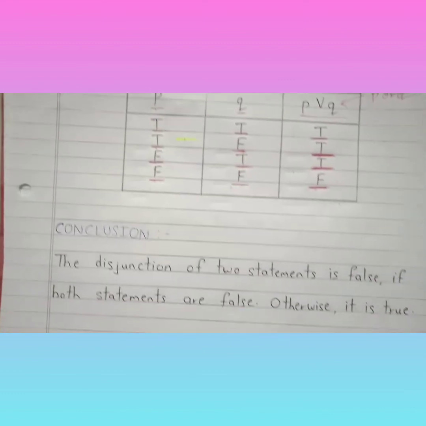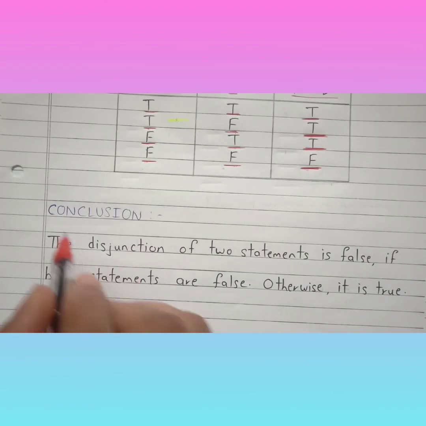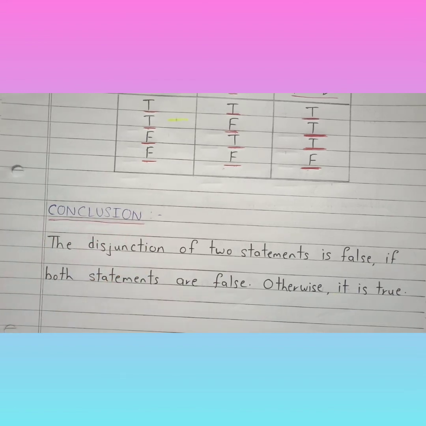Now what can we conclude from this? The disjunction of two statements is false if both statements are false. This is exactly opposite to conjunction. In conjunction we saw that the conjunction of two statements is true if both statements are true.